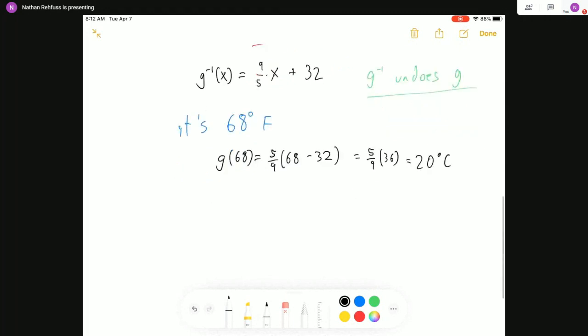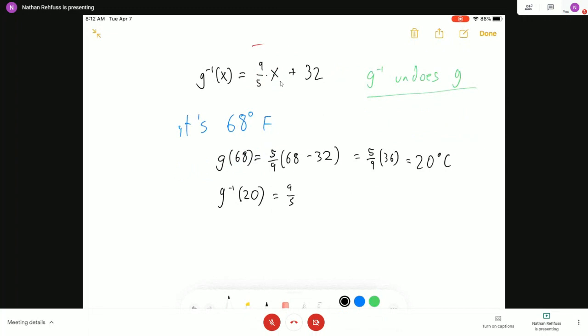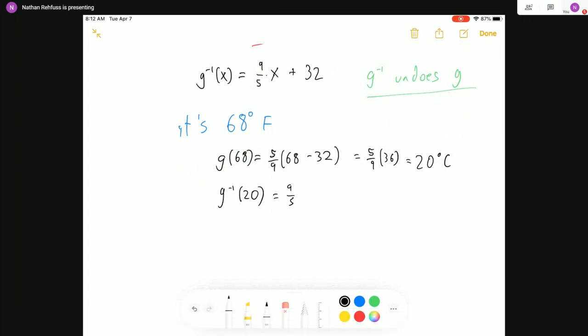And then check this out. If I plug that into G inverse, I'm going to have G inverse of 20 is 9/5. So now I'm using this formula, the one that takes off the shoes and then takes off the socks. So G inverse of 20 is 9/5 of 20. And then on the outside, plus 32. Well, 9/5 of 20 is 9 times 20 over 5.